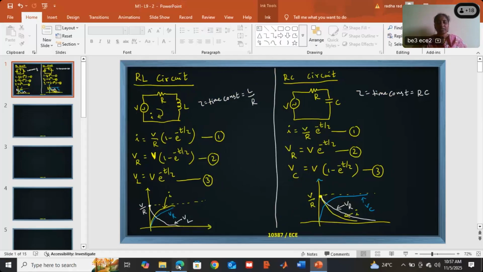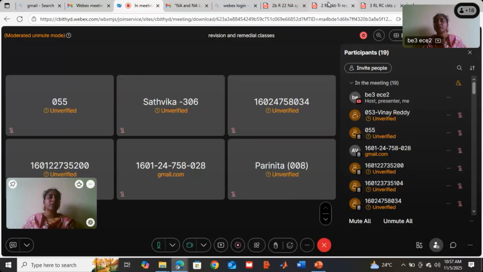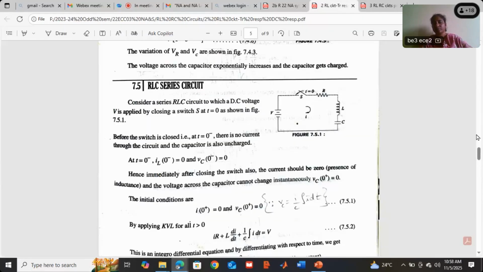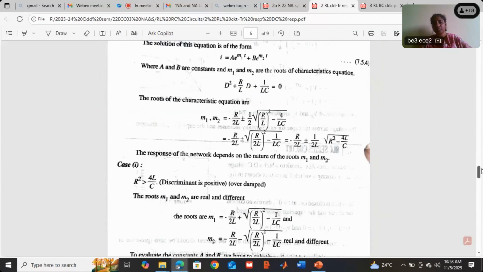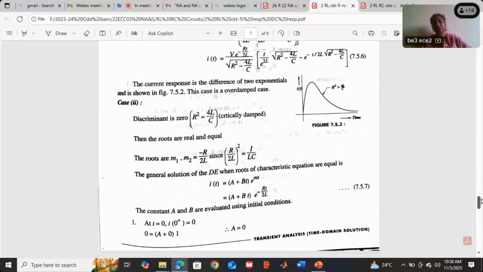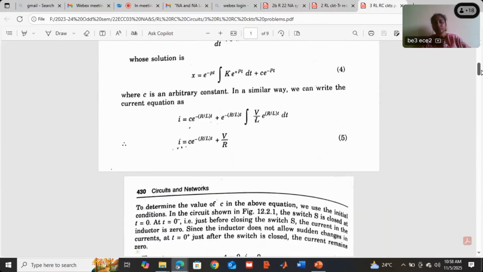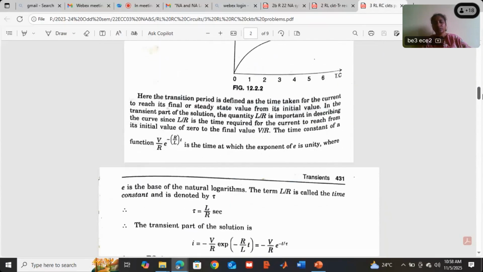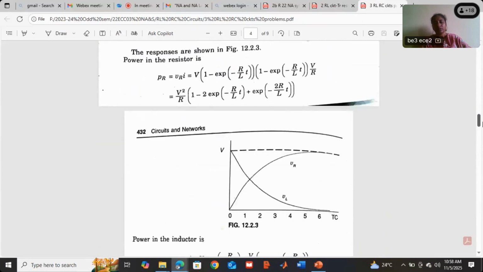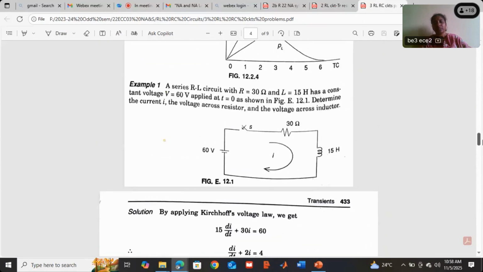That is why I have kept these problems. In the RC circuit you can see here these are derivations; the final equation will come as we discussed. Now coming to the RL circuit, this is a problem.